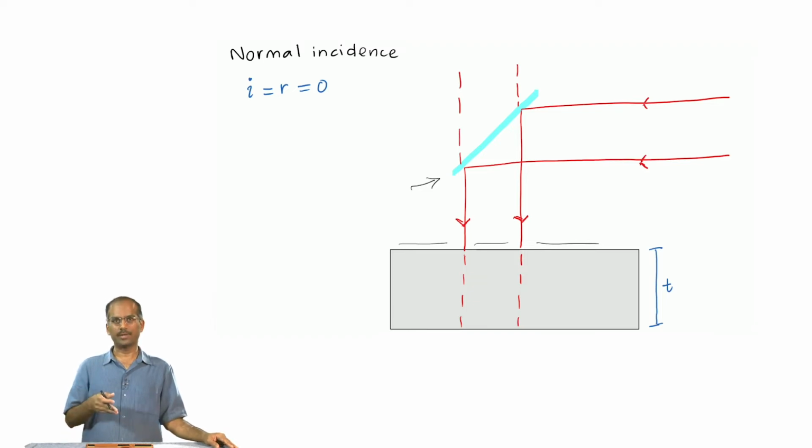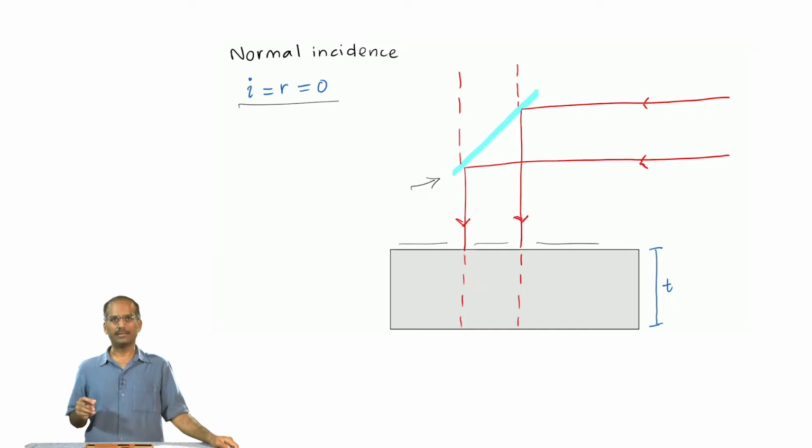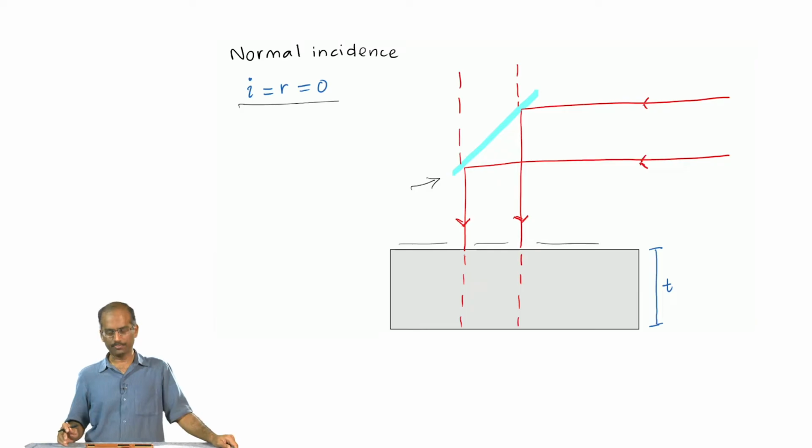So, if we draw a normal at the point of incidence and ask what the angle of incidence is, that is 0. And similarly, angle of refraction is also measured with respect to the normal at the point of incidence, that is also 0. So, it is correct to state that in this case, the angle of incidence and the angle of refraction are both equal to 0.